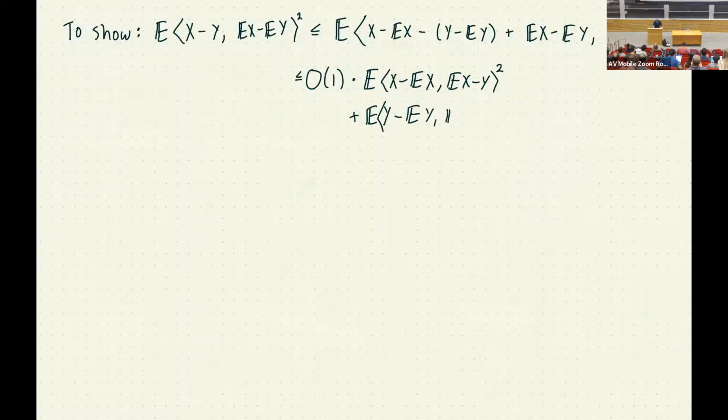So same thing for y. There's symmetry here. So everything we do for x, we really should be doing for y. And then plus expectation x minus expectation y, expectation x minus expectation y squared. And this big O goes around everything.